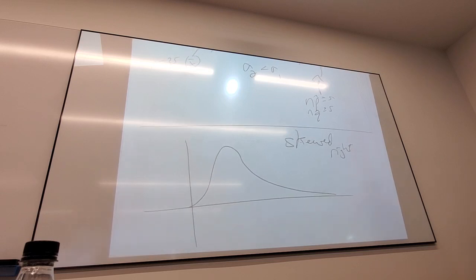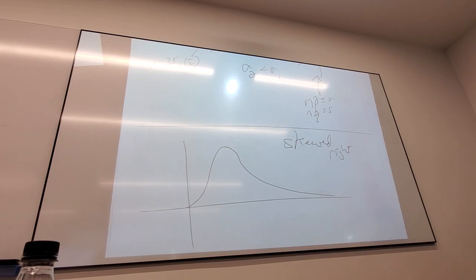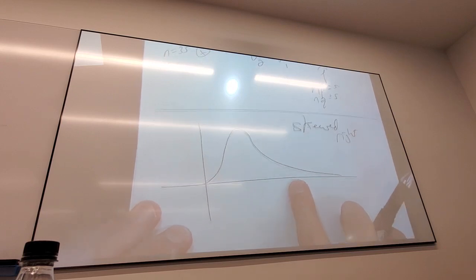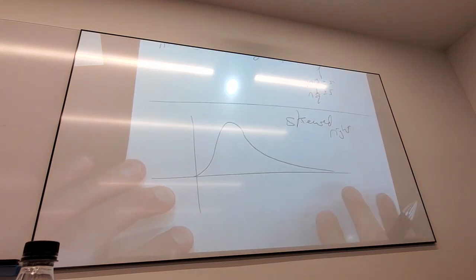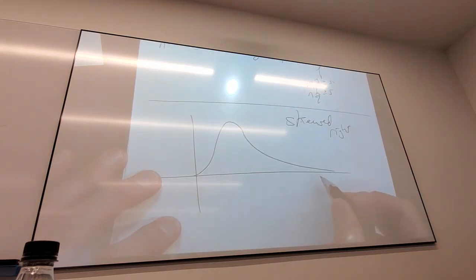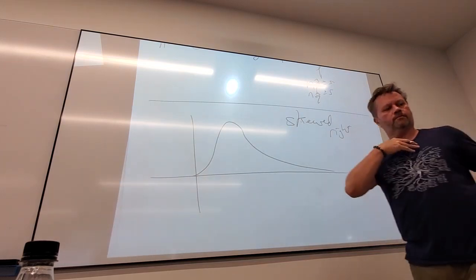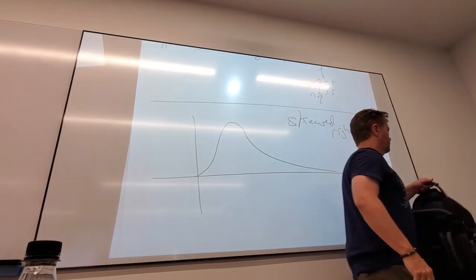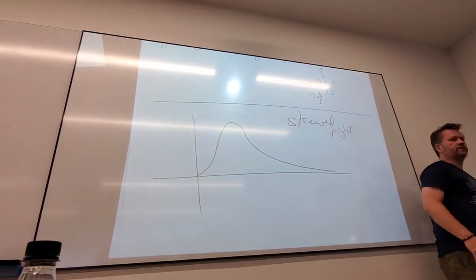Okay, let me stop for a minute. Let me ask you this. If this is a plot of all the standard deviations, what is the smallest the standard deviation can be? Can it be negative? No, that wouldn't make any sense.